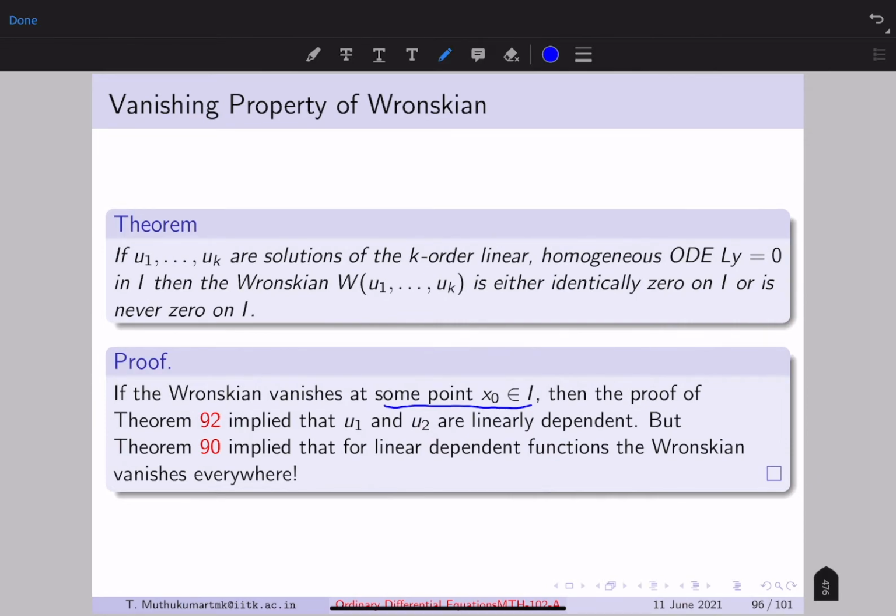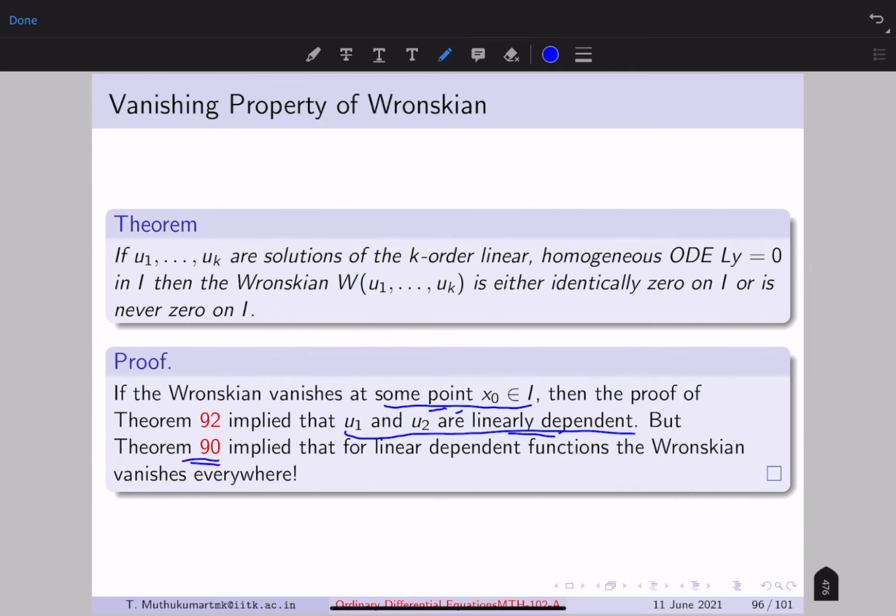from the previous theorem we know that u1 and u2 are linearly dependent, right? That's what the previous theorem said, that if they are solutions of some ODE and the Wronskian vanishes at some point, then the solutions are linearly dependent. Now the first theorem that we showed proved that for linearly dependent functions, the Wronskian is 0 for all points in the domain.